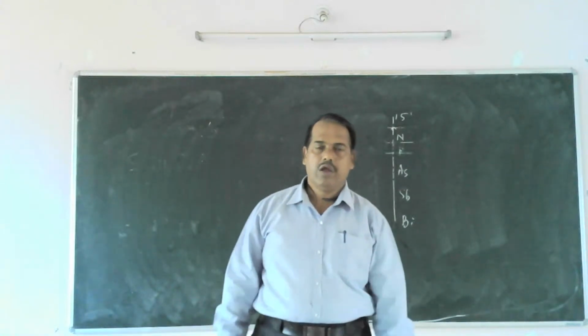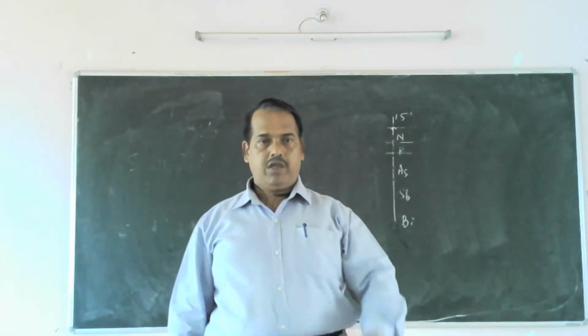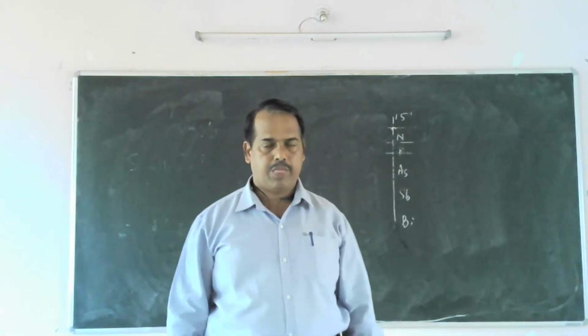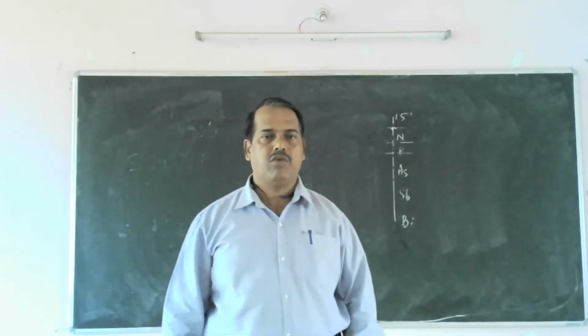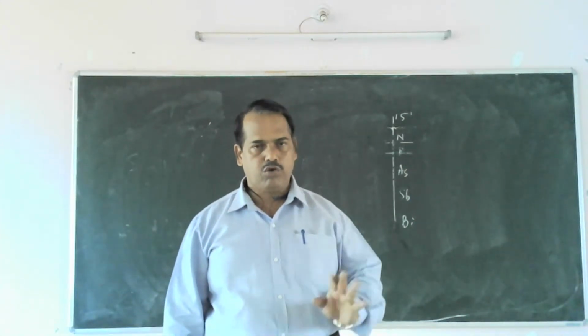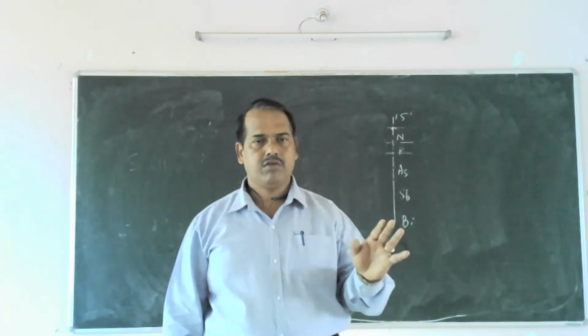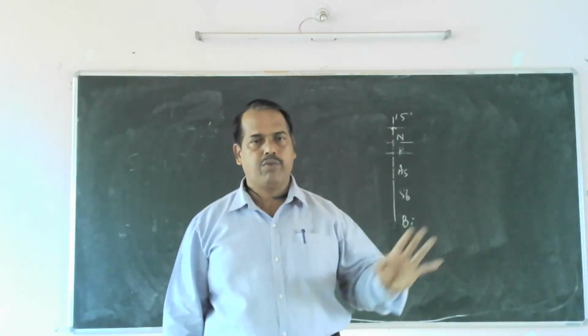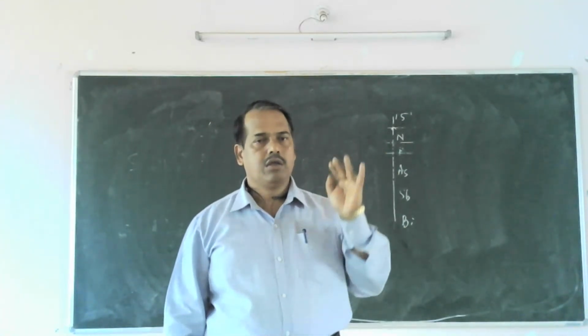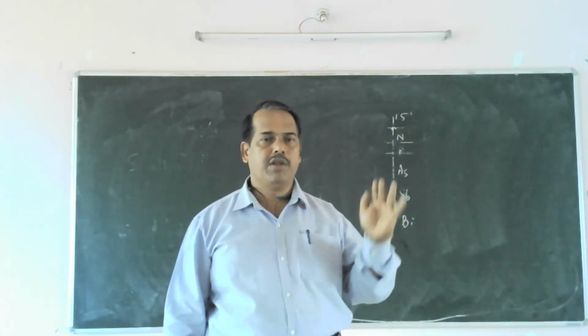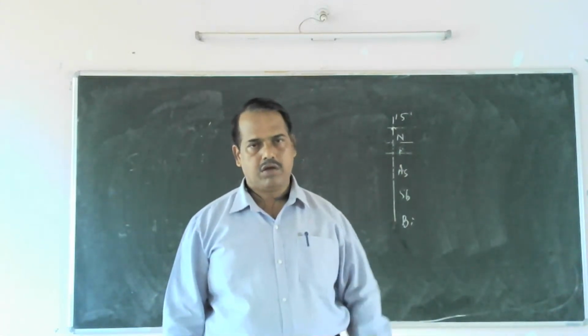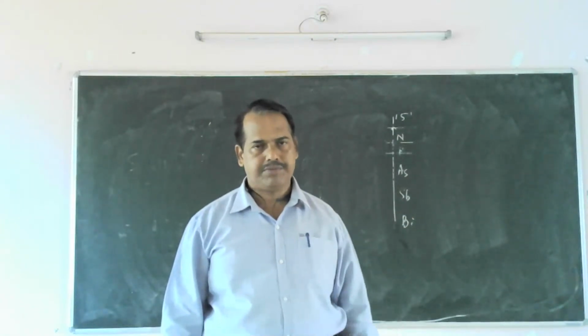We also discussed why nitrogen is anomalous compared with the other elements of the 15th group. It is due to small size, high electronegativity, high ionization enthalpy, and unavailability of d orbitals. At least 3 points you have to write.